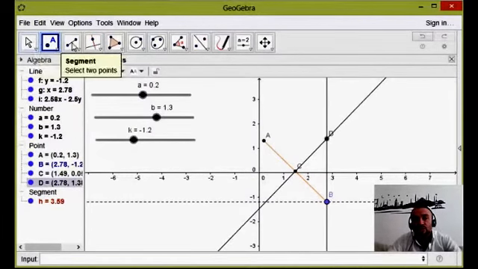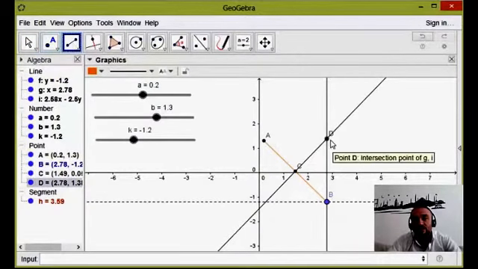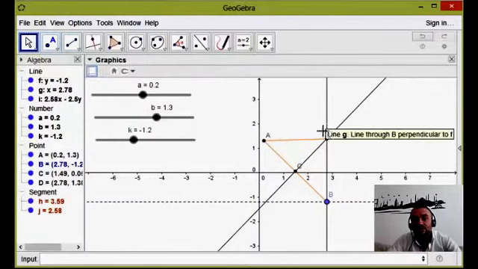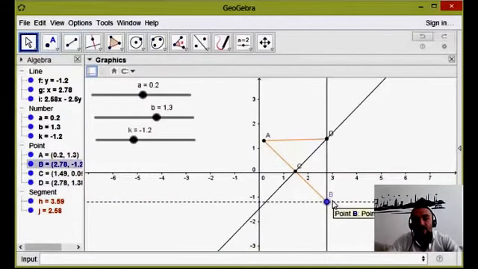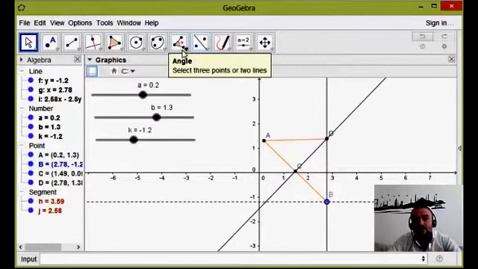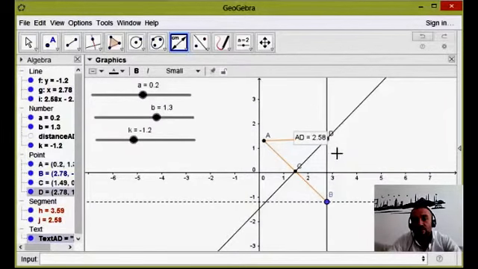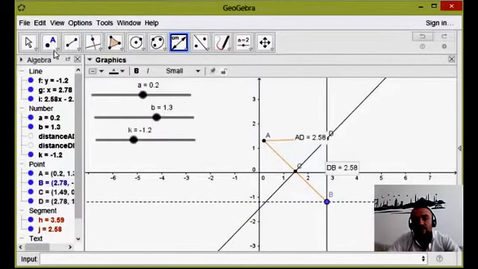So your imaginary triangle, which is isosceles, is here. The distances AD and DB are the same. You can also measure it to be sure. As you see.